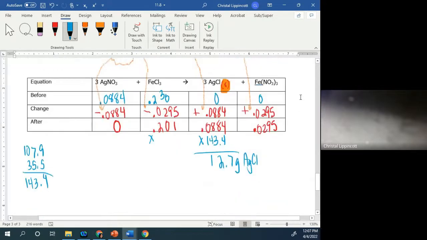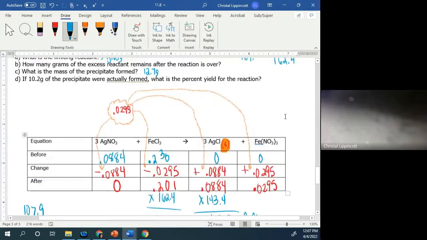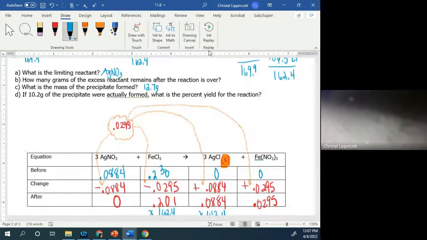So 162.4 is going to come down here. And that ends up being 32.6 grams. So 32.6 grams.